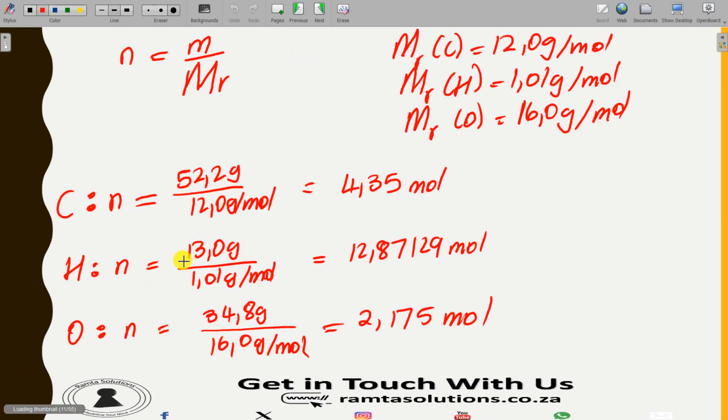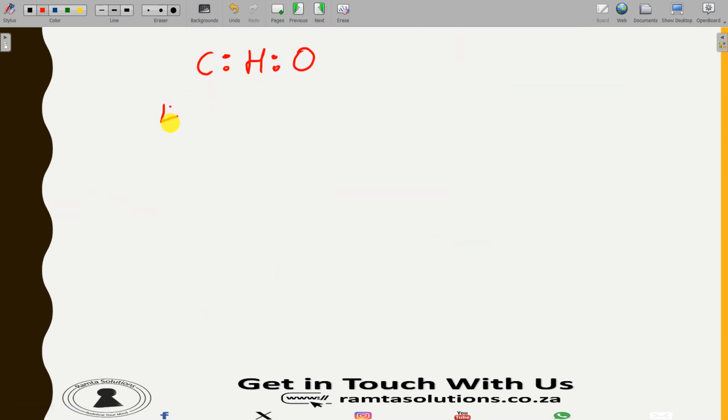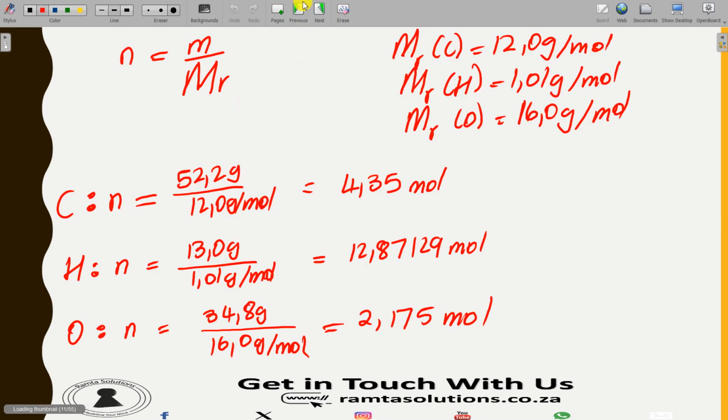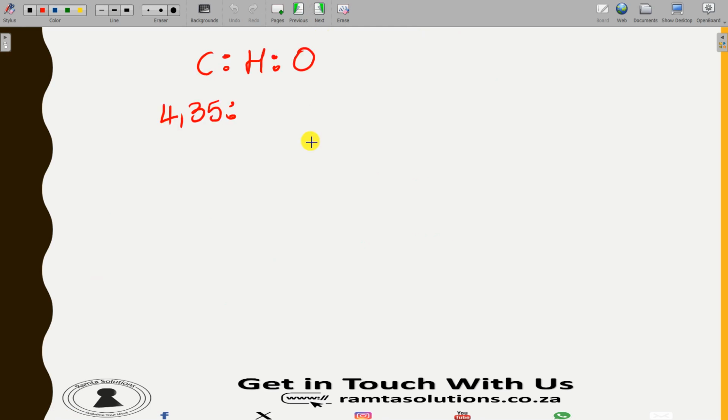What is the number of moles of carbon? 4.35. That of hydrogen, 12.87129. That of oxygen is 2.175.